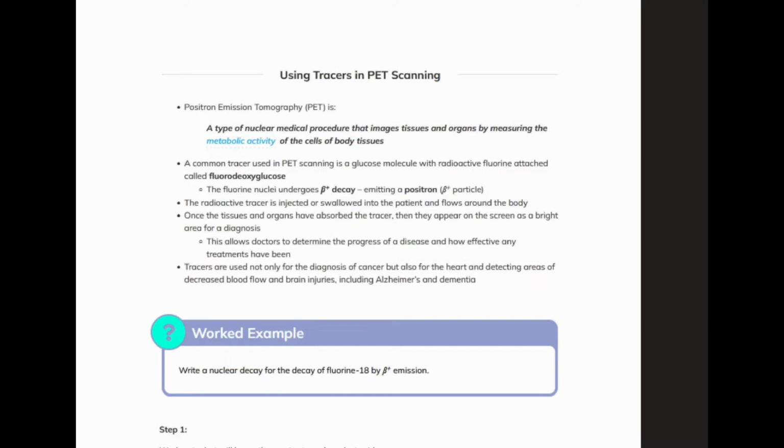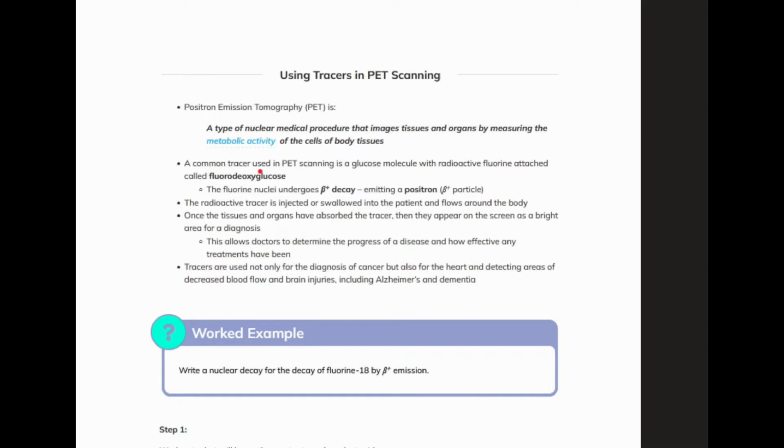We have to know that the metabolic activity of cells requires glucose, and we use radioactive isotopes such as technetium-99m or fluorine-18 that bind with the glucose molecules, and because of that, what happens to the glucose is detected by the machines. Let's see the next point.